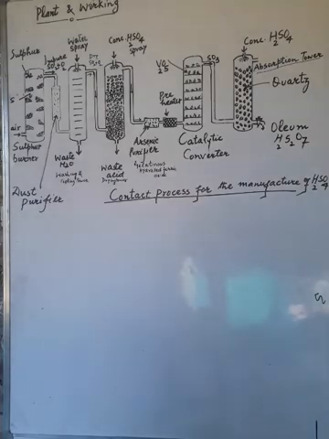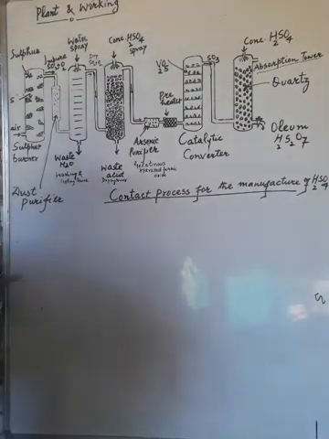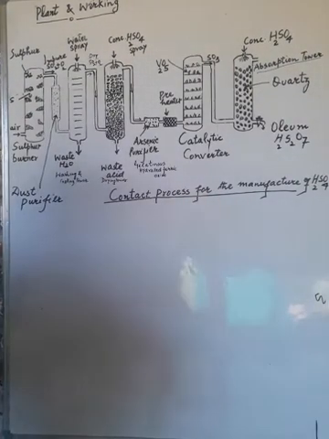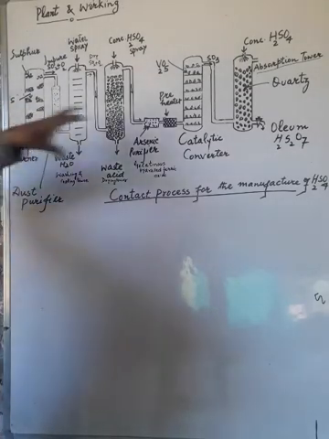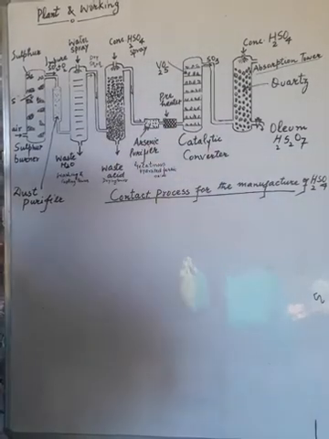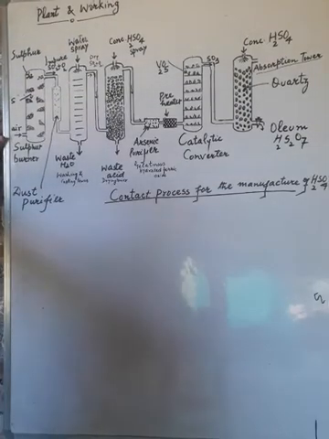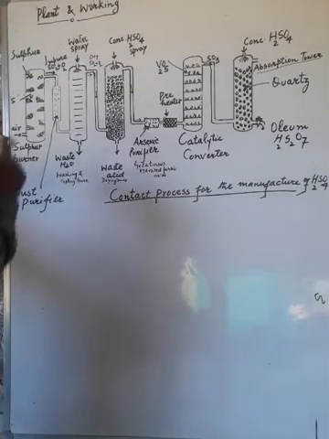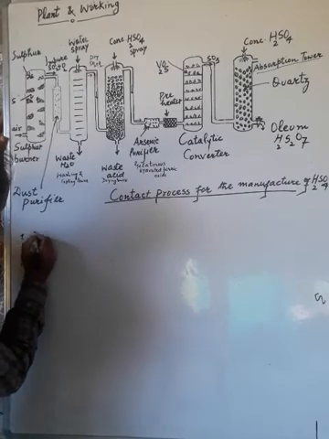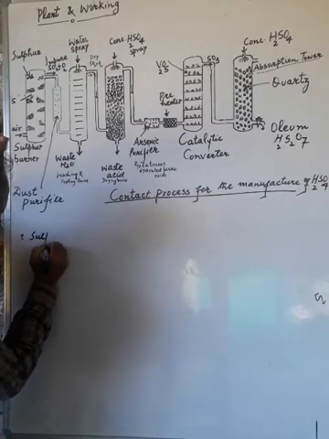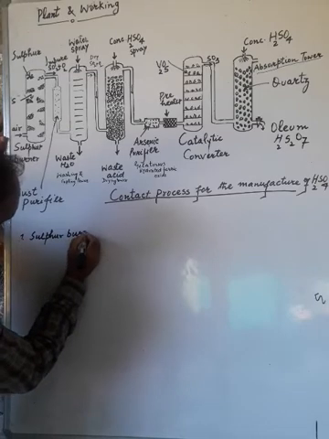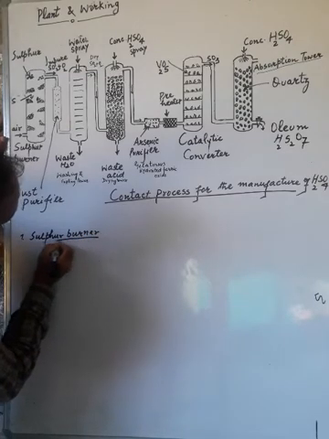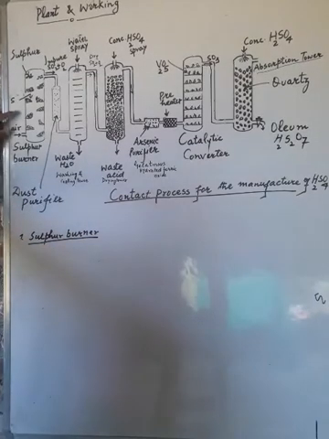Now this is the plant used for this contact process for the manufacture of sulfuric acid. This is the plant, and now we will show the working of the plant. It first contains, number one, the sulfur burner.